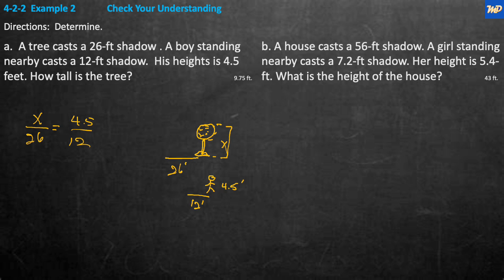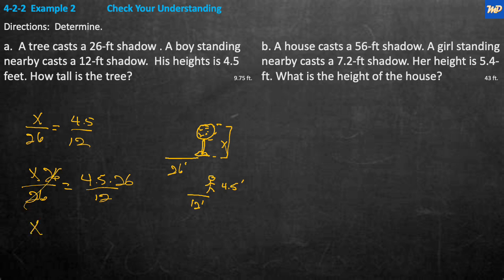Now we're going to multiply both sides by 26. Okay? And that way we're going to cancel. I'm going to say X times 26 divided by 26 is equal to 4.5 times 26 divided by 12. Okay? Now we're going to simplify. So these are going to cancel.